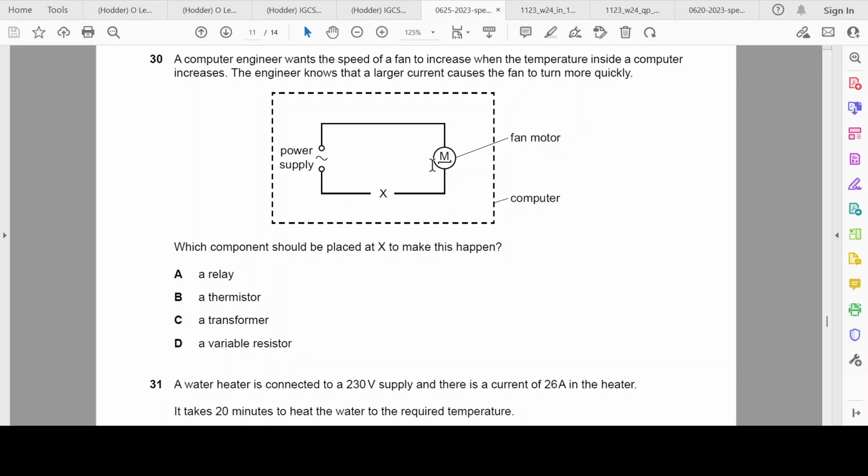He wants more current to go to the fan when the temperature is increasing. So what component would X be that allows more current to pass through as it gets hotter?